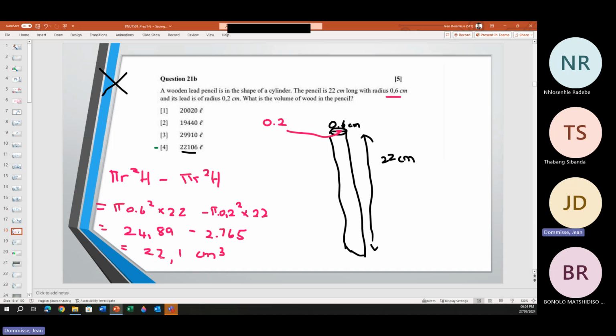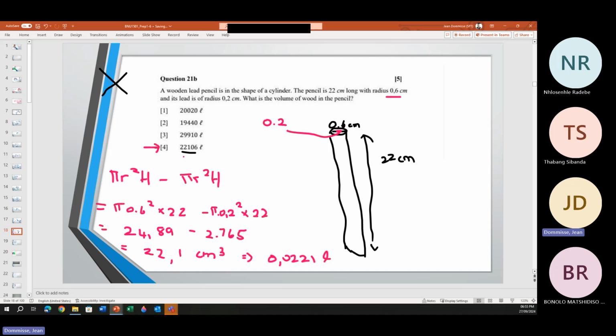And then we need to put that into liters. So we would have divided by 1,000. So our answer would have been 0.0221 liters. Okay, so that's why it is probably supposed to be option 4, but I think they just made a big mistake somewhere in the numbers.